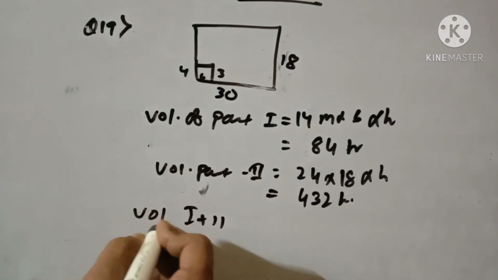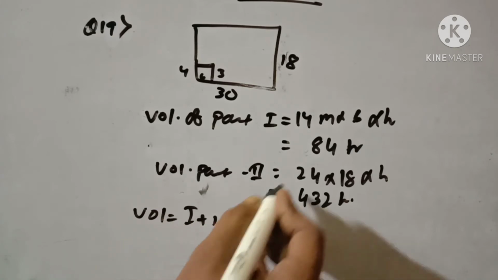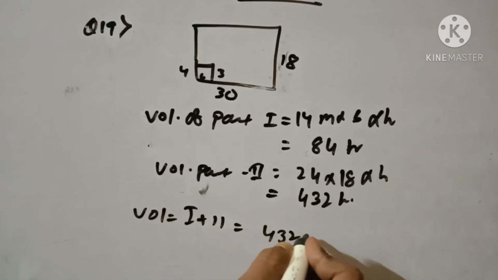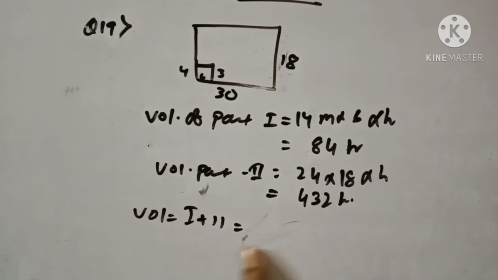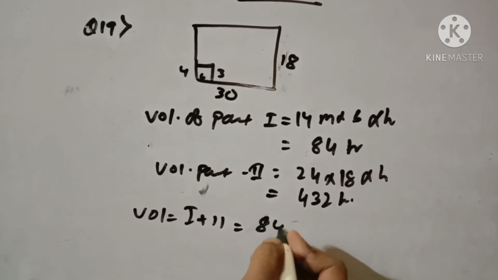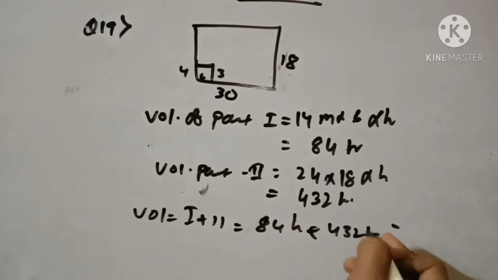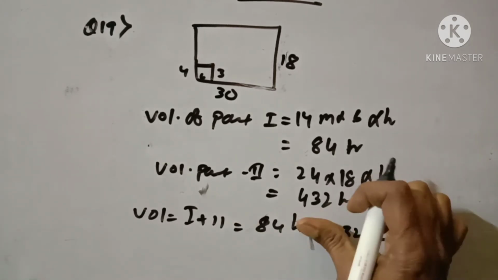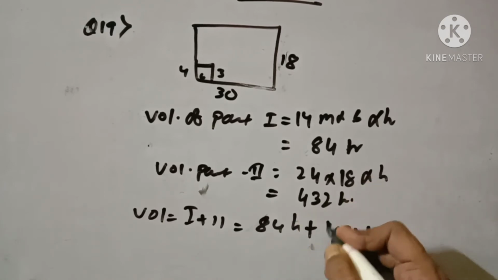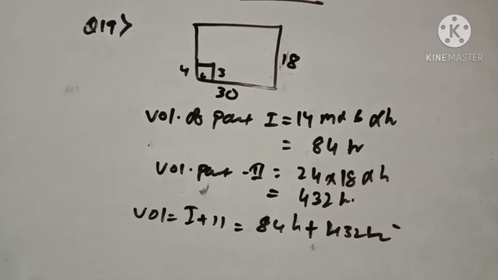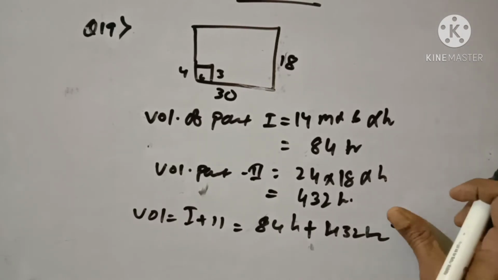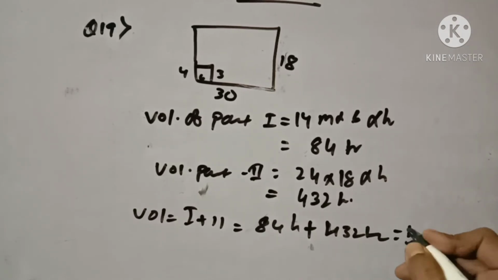Part 1 plus part 2 means 84 h plus 432 h, that is 516 h. You have to find out this h.